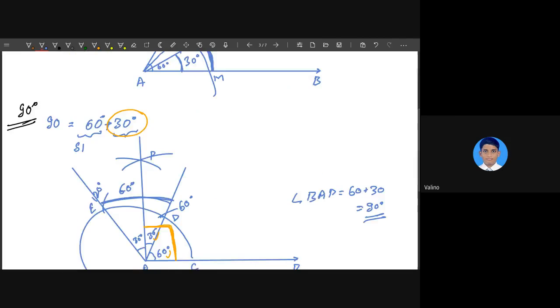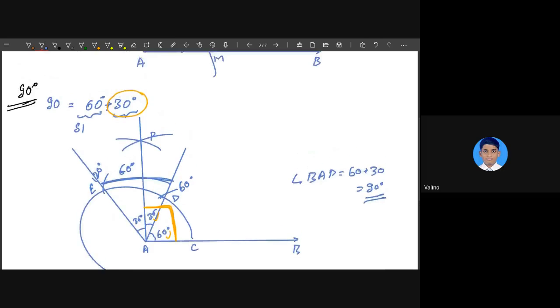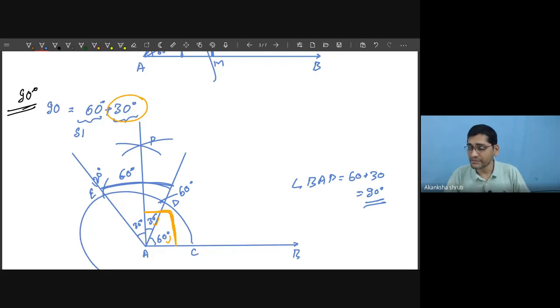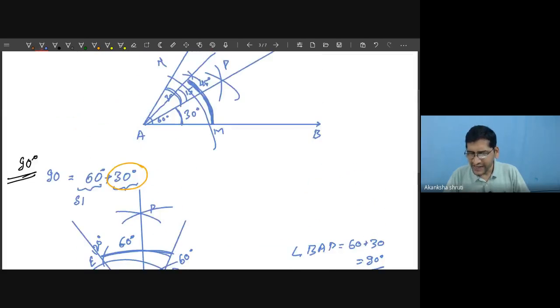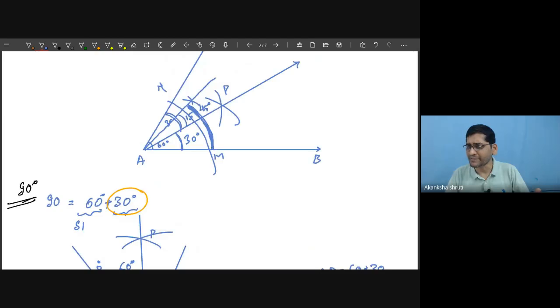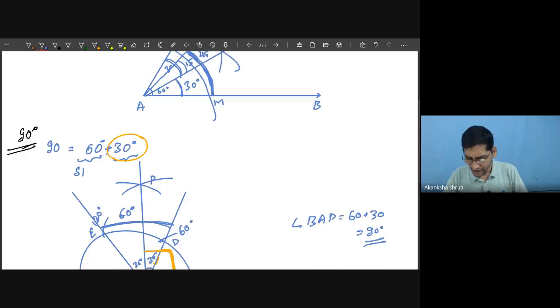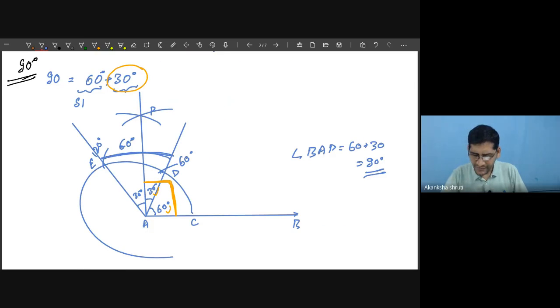We can also take the angle bisector of 90 degree, draw the bisector of 90 degree, and that way you can also get 45 degree. So you have two methods for 45 degree. Either draw this 30 degree and divide the other 30 degree, or bisect the 90 degree that we have drawn, draw the arc and the bisector, then join it, and you get 45 degree.